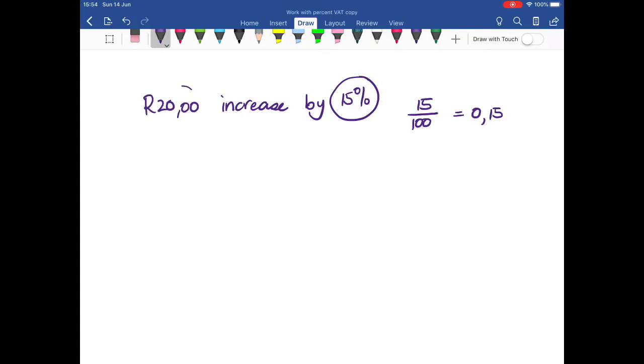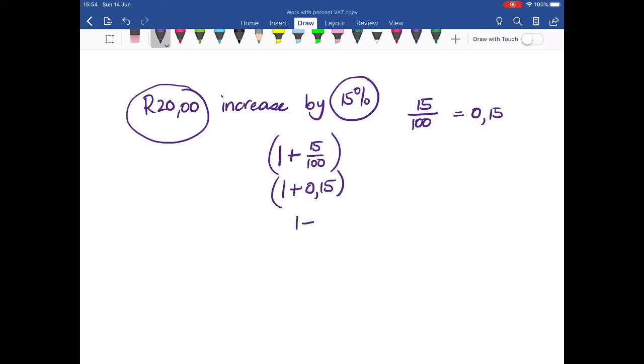So in fact, what we are doing is increasing this price by the price plus 15%. And this is going to be 1 plus 0.15, or better known as 1 plus i. The interest or the percentage is the i, which is 0.15.